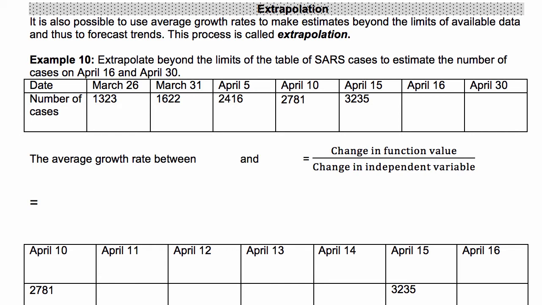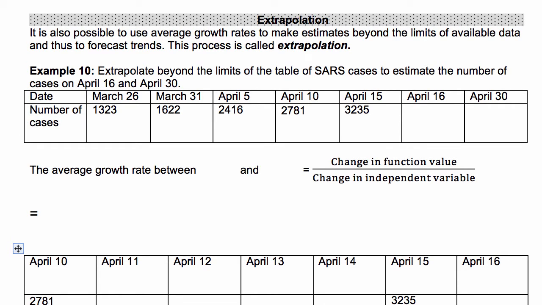Example 10. Extrapolate beyond the limits of the table of SARS cases to estimate the number of cases on April 16th and April 30th. Extrapolation is similar to interpolation, except for the fact that it is impossible to find data points close to and surrounding the data value we wish to estimate. This is because the data point we wish to estimate is beyond the limits of the available data.